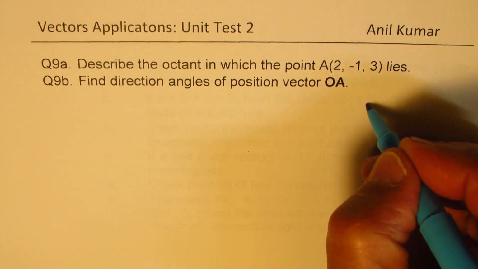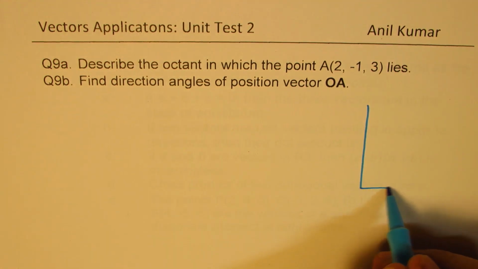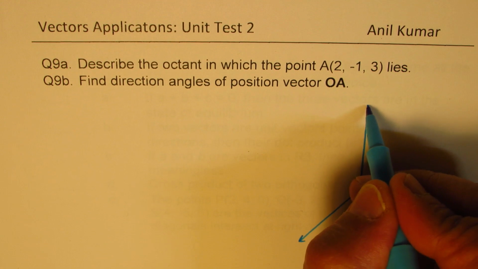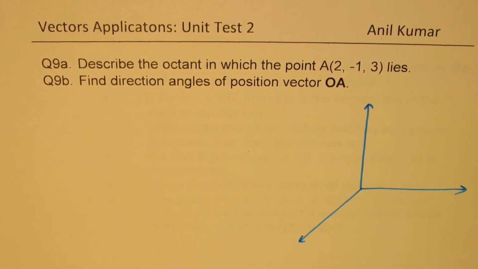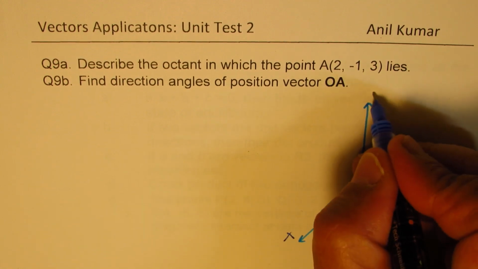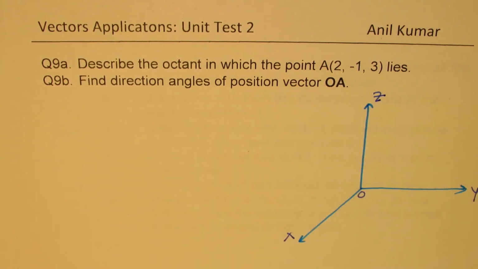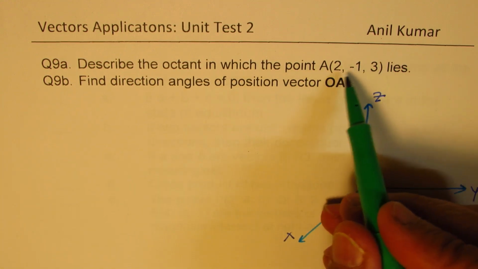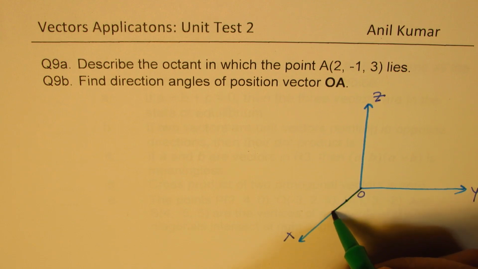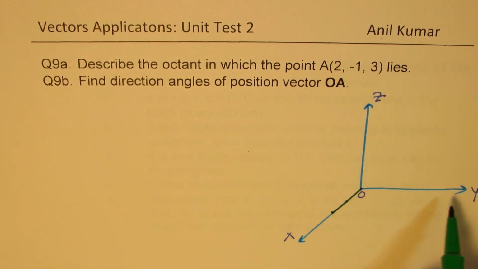We are talking about R3, right? So let me just sketch and show you. So here we have the x-axis, y-axis, and the z-axis. When we say the point is (2, -1, 3), 2 means 2 units on this side, minus 1 means you're going to the left side, right?